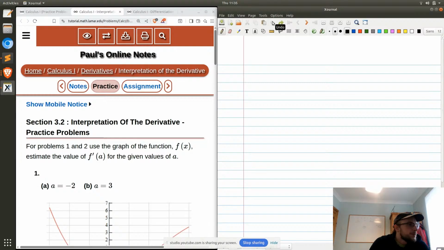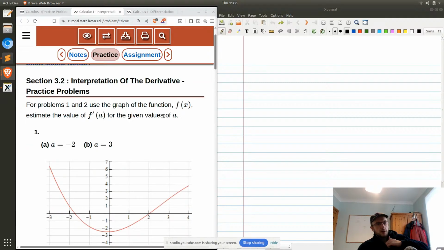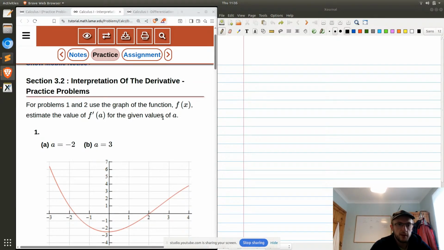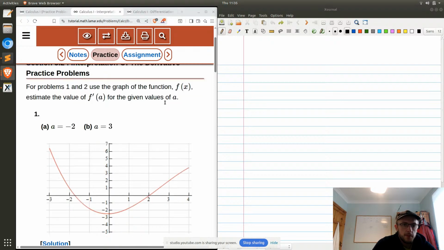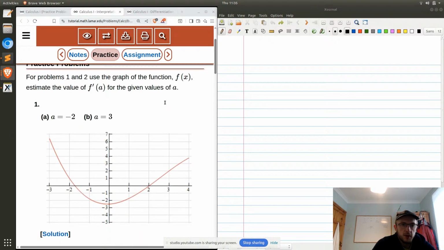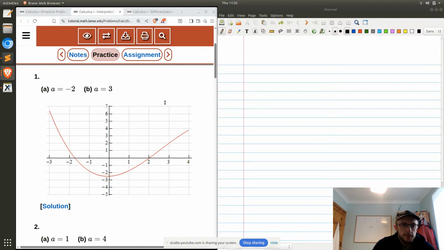Brilliant. Now we'll get started with the interpretation of the derivative. Practice problems. For problems 1 and 2, use the graph of the function f of x. Estimate the value of f prime of a for the given values of a.